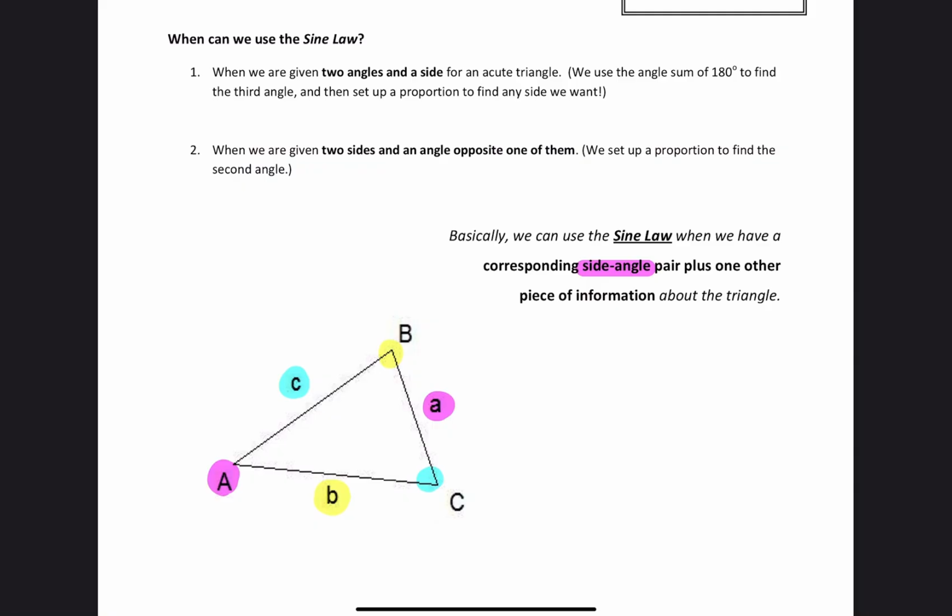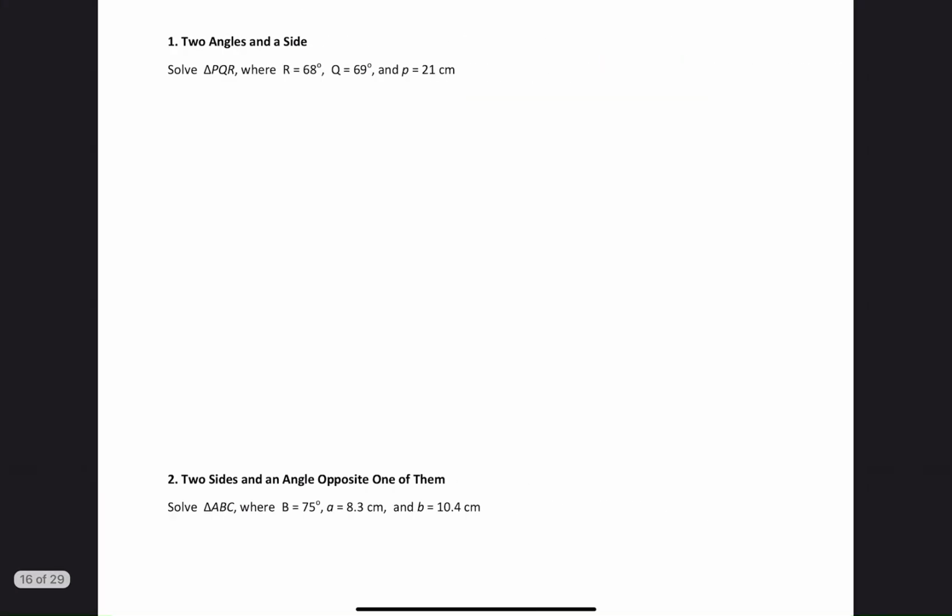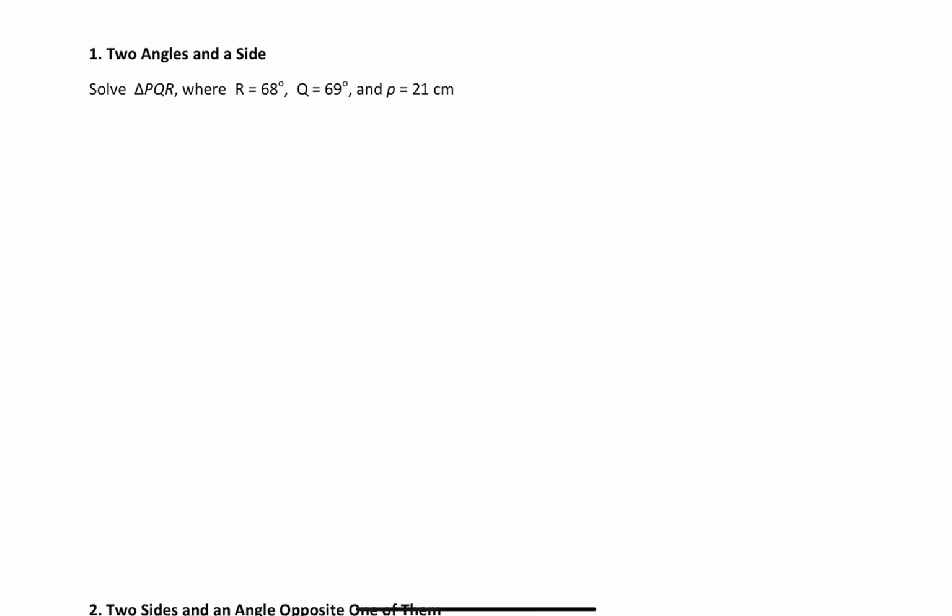All right, let's take a look at some examples. So let's say we're given two angles. So we have a triangle PQR. We're given R is 68 degrees, Q is 69 degrees, and side P is 21. So let's first draw this. You can draw a triangle, any shape really, and label any side PQR. It doesn't really matter.